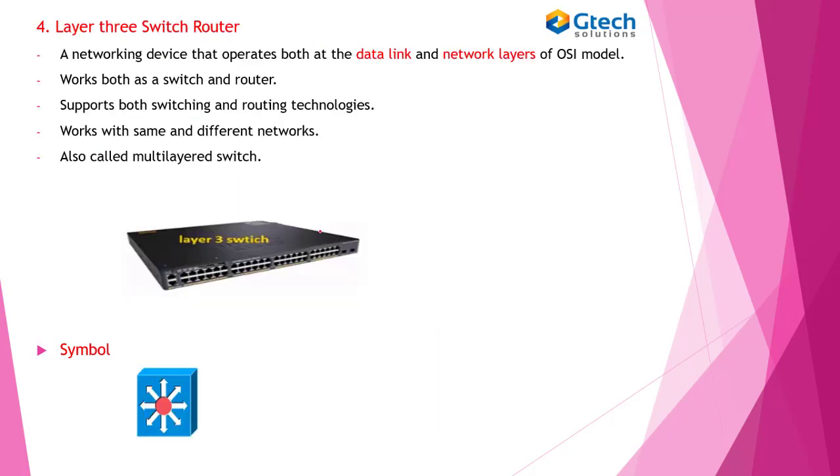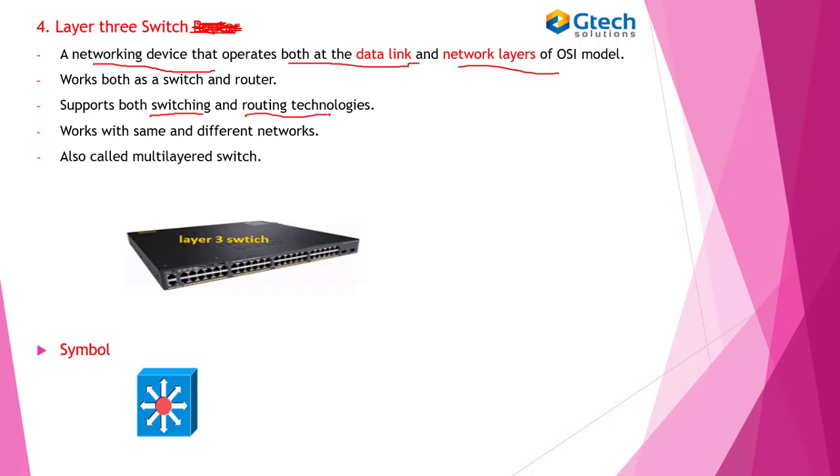Layer 3 switch. A layer 3 switch is a networking device that operates both at the data link layer and network layer of the OSI model. A layer 3 switch performs both the switching and routing technologies.